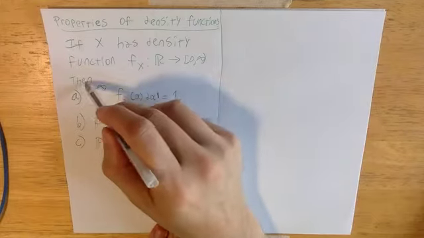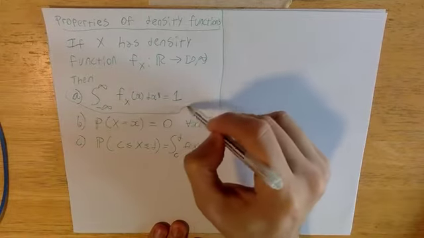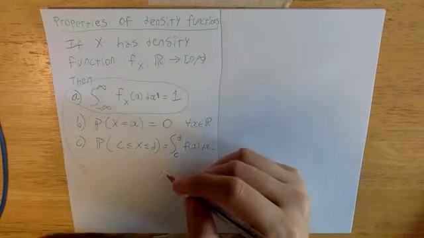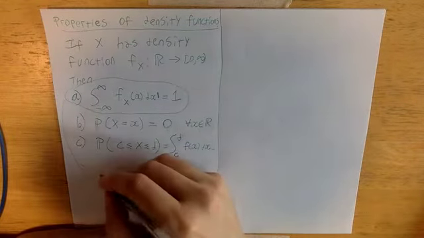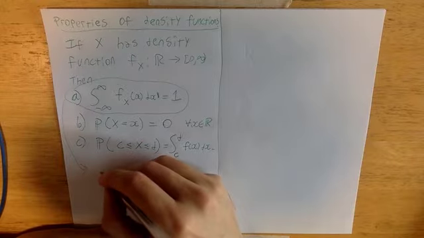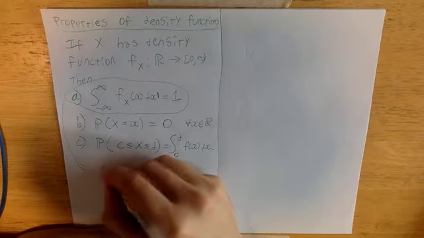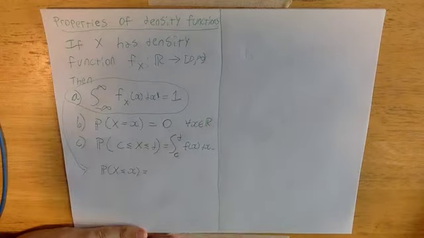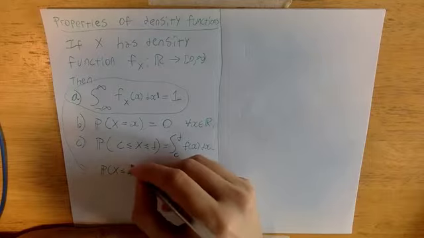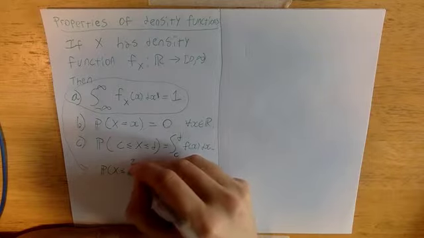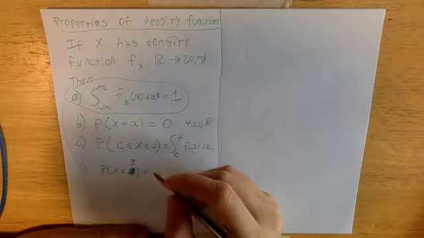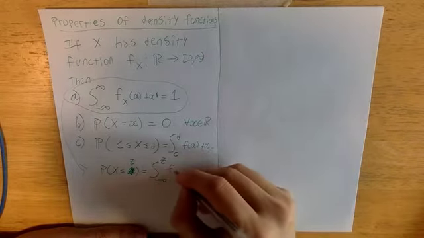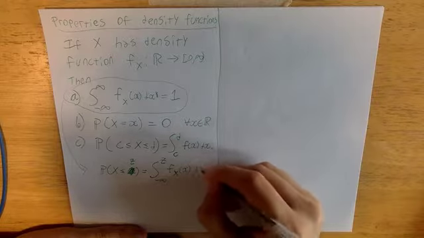So this in particular follows from the previous argument. What we're saying is that the probability that x is less than c is the integral from minus infinity to c of f(x) dx.